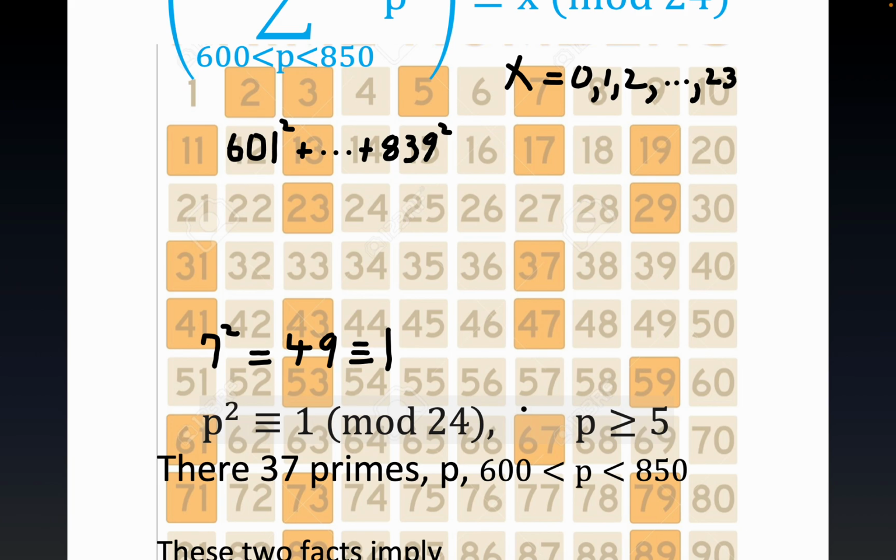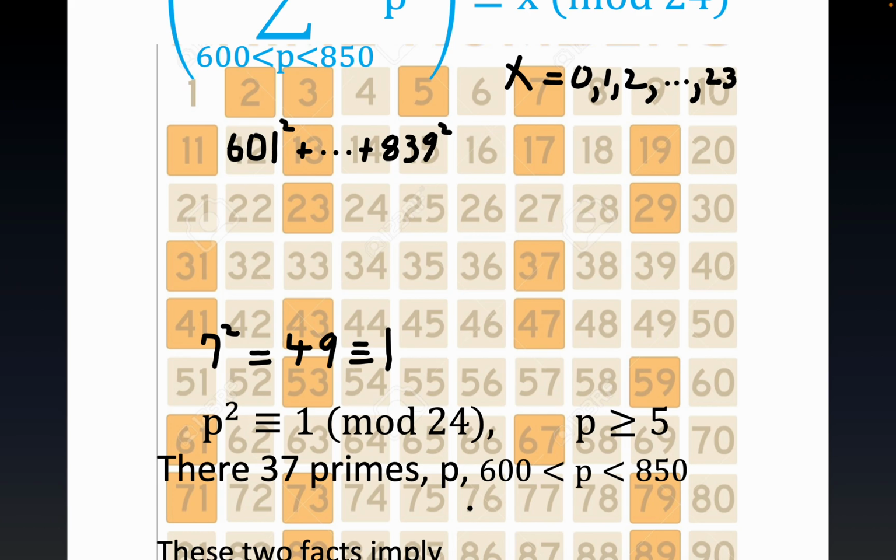Try it for some others, though. It's a provable result. You can prove it by checking out the case p squared is congruent to 1 mod 3. That's easy. It's easy to show that p squared is congruent to 1 mod 3, and it's not much harder to show that p squared is congruent to 1 mod 8. And then if it's congruent to both of those, then that means it's congruent to 1 mod 24, the product of two relatively prime moduli.